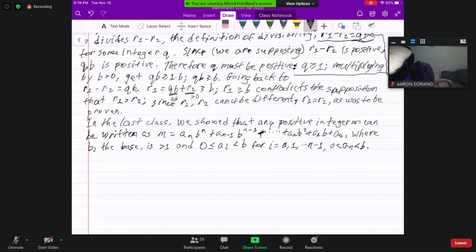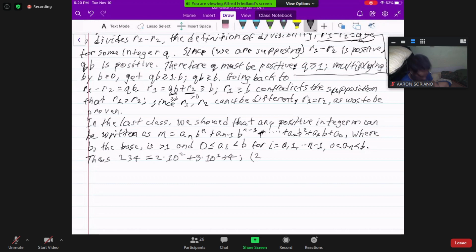And so, for instance, 2, 3, 4, which means base 10, is 2 times 10 to the 2 plus 3 times 10 to the 1 plus 4.